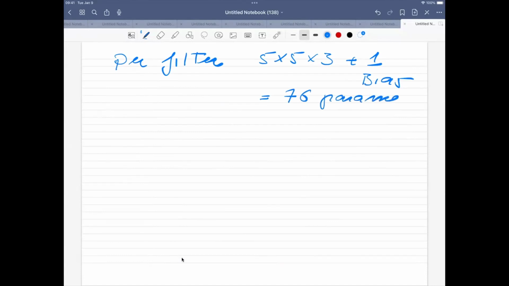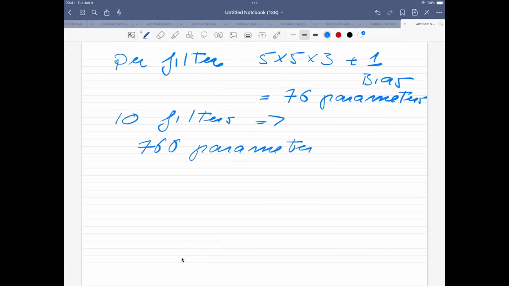Then I'm making 10 replicas, 10 filters. So that leads to 760 parameters. So each filter has now a dimensionality of 5 times 5, plus the color channels, and plus a bias, which we add, and that gives in total 76 parameters.